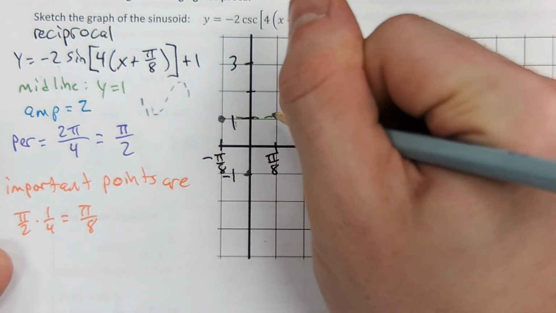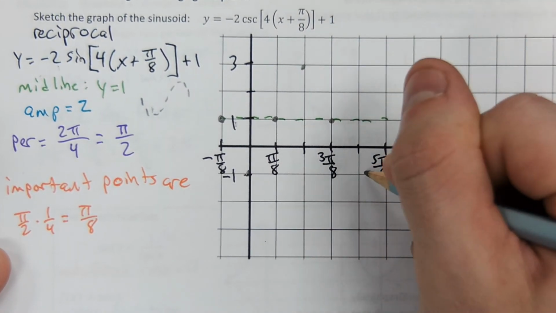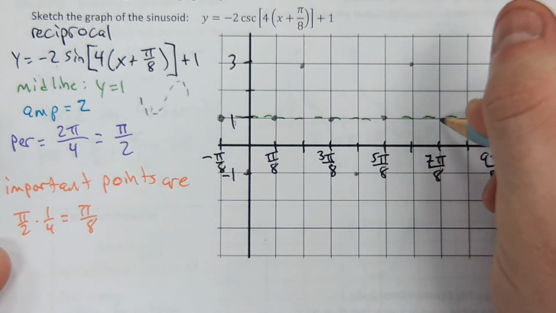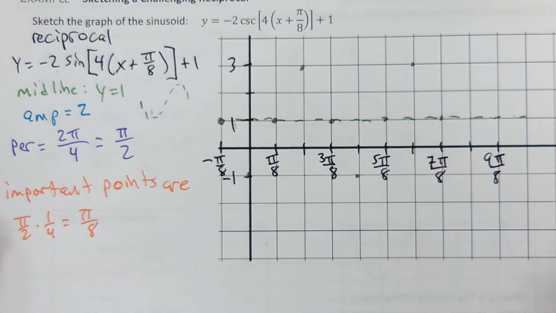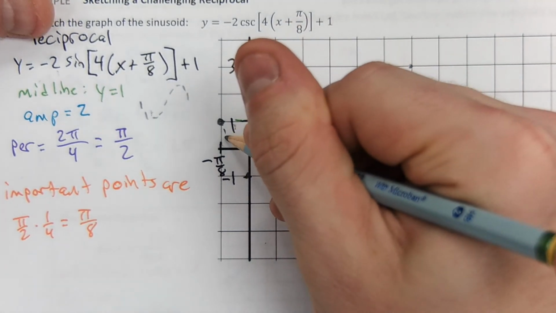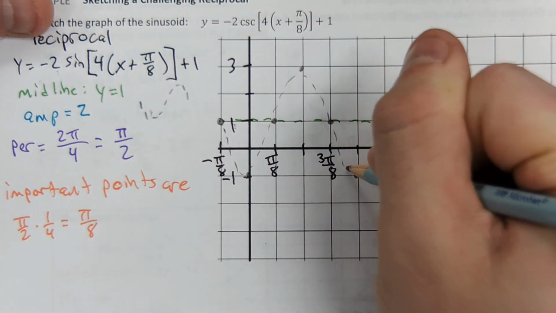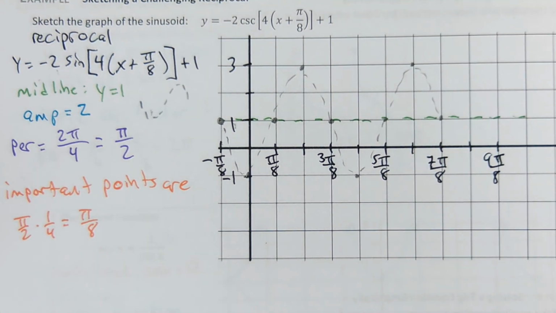So minimum, midline, maximum, midline, minimum, midline, maximum, midline. That's enough. That feels good enough. Yeah, that's more than enough to see the shape.